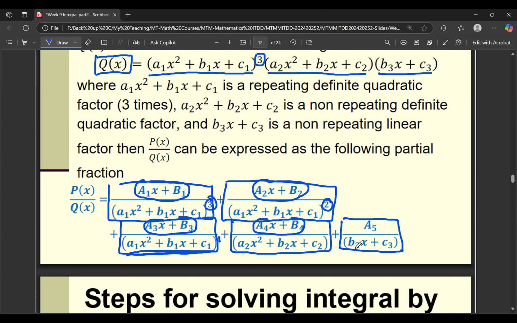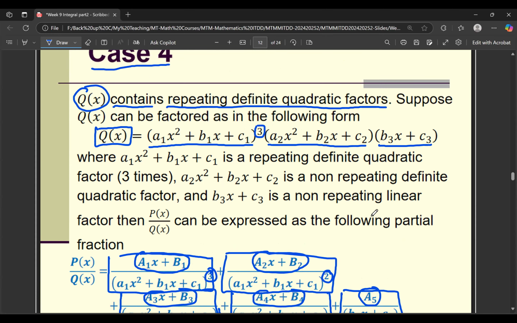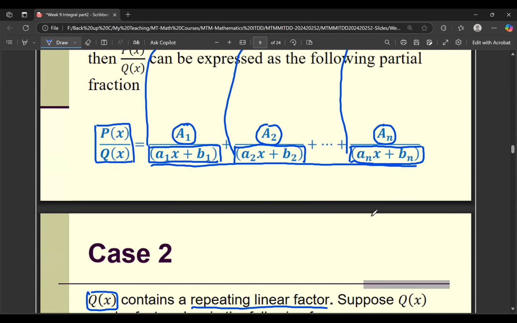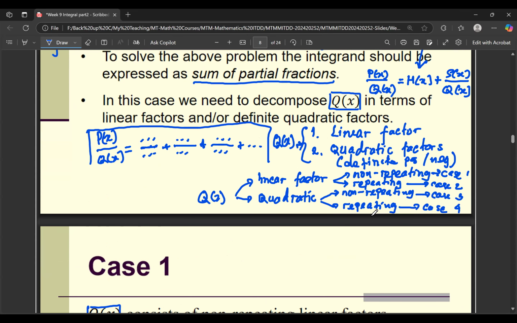In the case where the denominator is linear, the numerator will be constant.